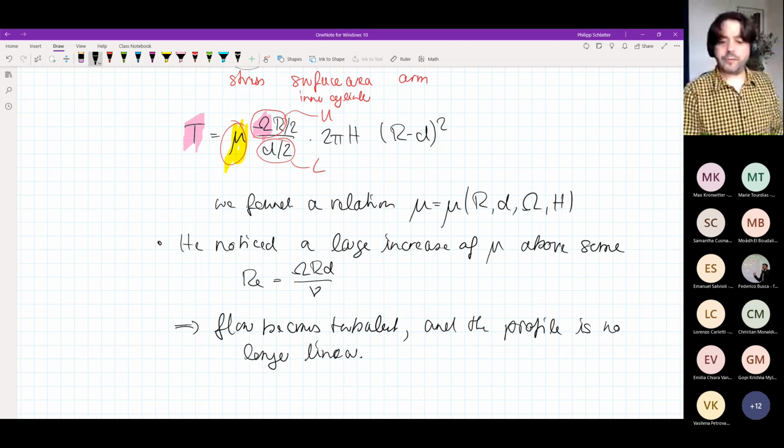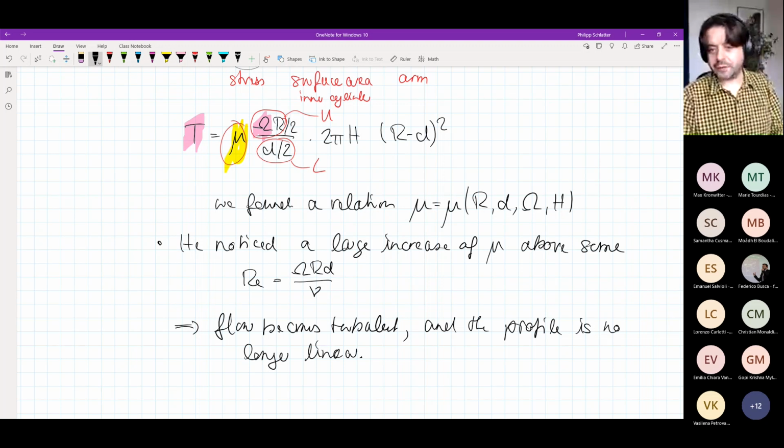So in a way, we can say that he had already discovered, in a quite nice way, the fact that something is happening at some point when you go from laminar to turbulent. I guess if he had worked more on that, we would not talk about the Reynolds number these days, but perhaps about the Couette number.